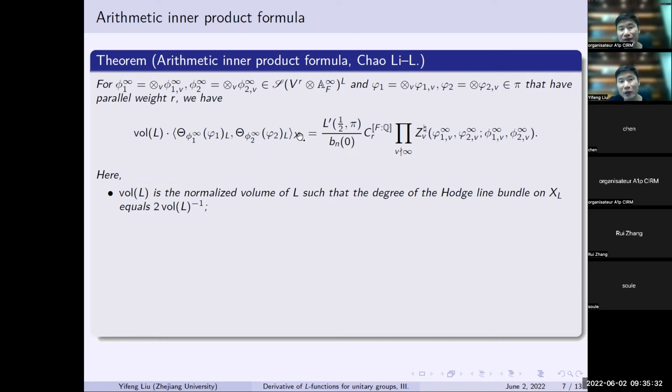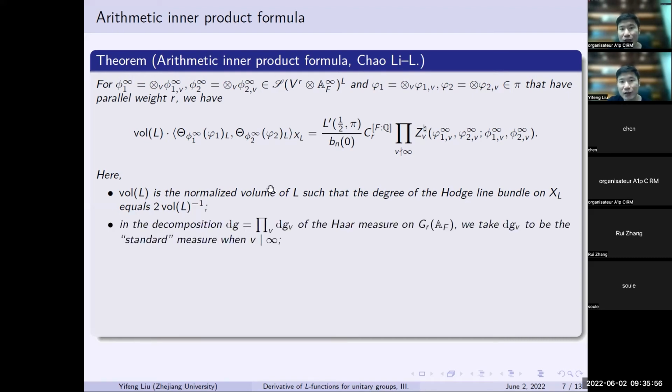If you choose a smaller L, you will have a map to the original X_L, so the height pairing will increase, so you have to normalize it by this one. When L gets smaller, this one increases, but this one shrinks, so the product is invariant. So volume of L is the normalized volume, normalized this way.